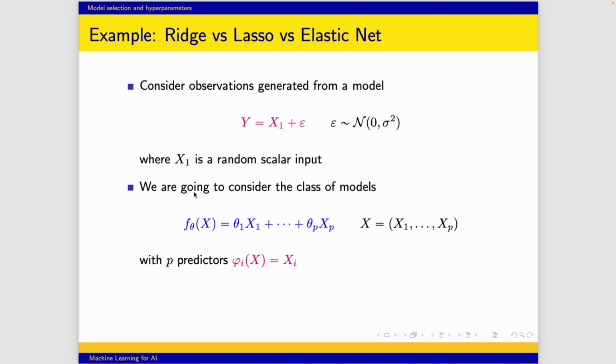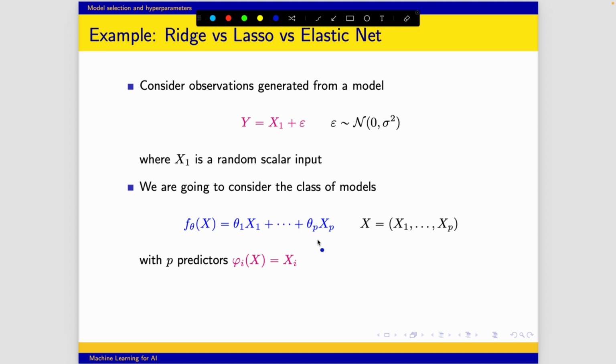So we're going to propose this linear regression model here, in which we have linearity, of course, by definition, in our parameters theta, but also now linearity in our features or inputs x1 to xp. So this is an example actually of classical linear regression. So our predictors here, the psi i of x, are just xi from i equals 1 up to p.